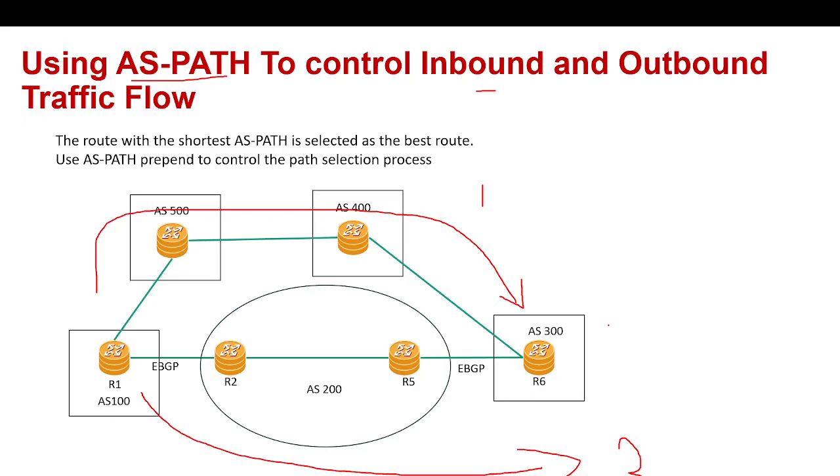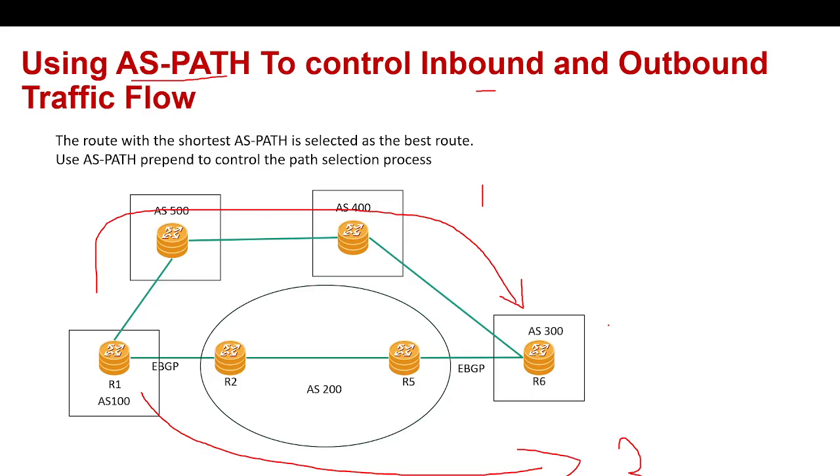Mr. Martin, before we go through using AS path to control inbound, I want to add a point. If we have many route reflectors, to prevent loops between all of these route reflectors, we can use the cluster list or originator ID.